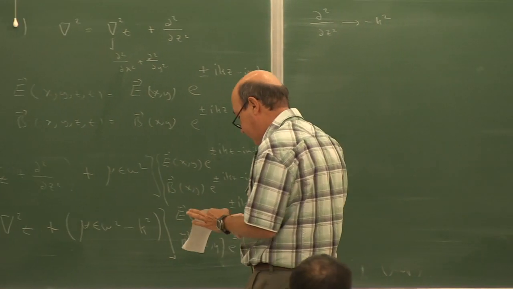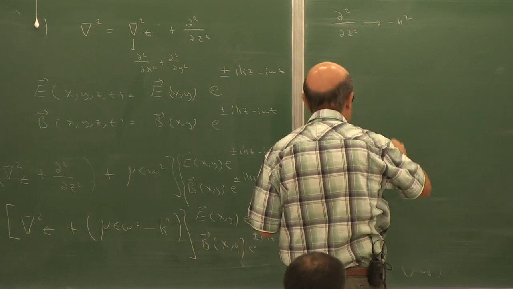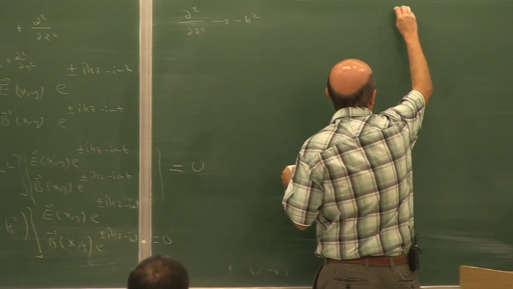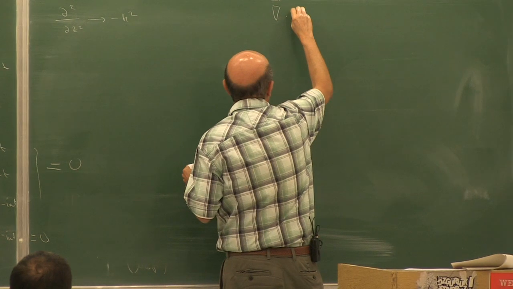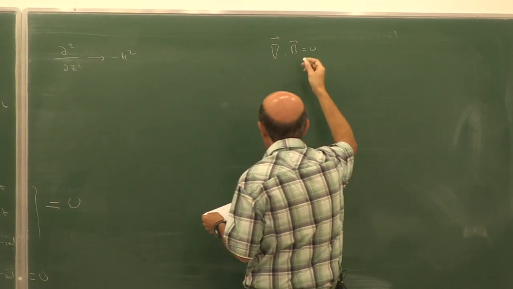One of them is very simple: del dot B is equal to 0. How can we write this?